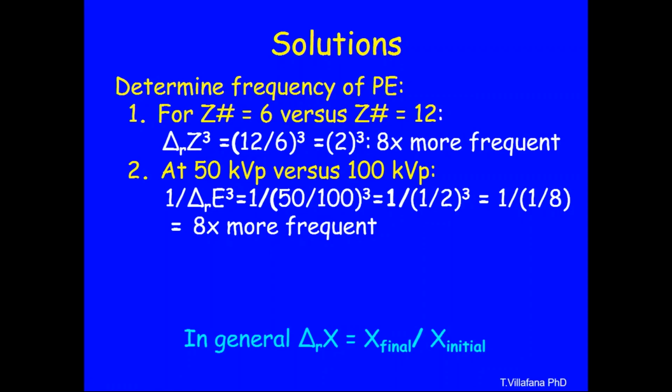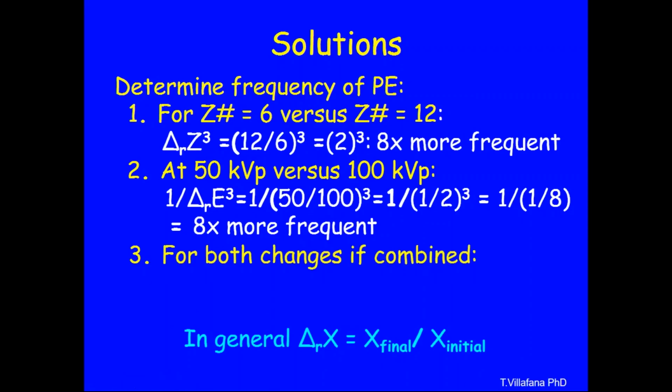Okay, so if you go from 100 and go down to 50, the final is 50. The initial was 100. Look at the little relationship down at the bottom of the slide. Put the final in where you go from 100 to 50, 8 times more frequent. What if you do both of them?